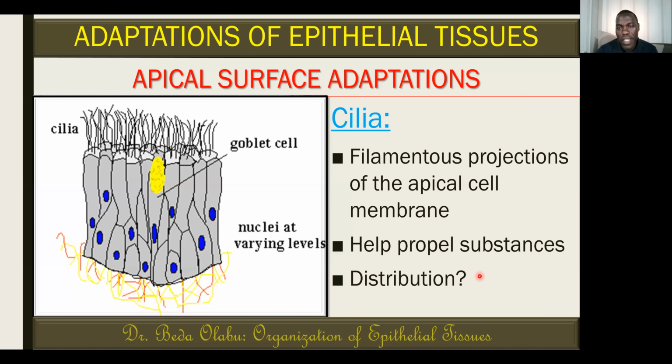There are such disorders, and one of them is called Kartagener syndrome. How do you expect those patients to present clinically? How do you expect such a patient to present clinically? The condition is called Kartagener syndrome.